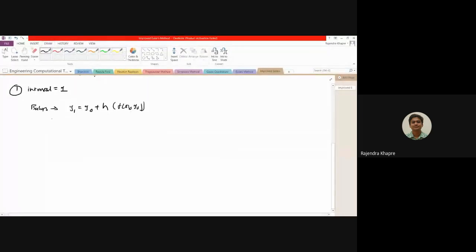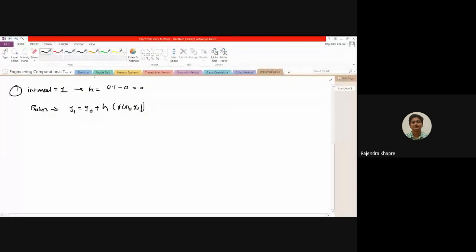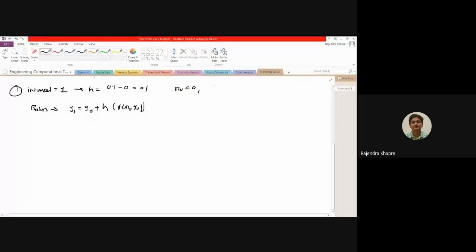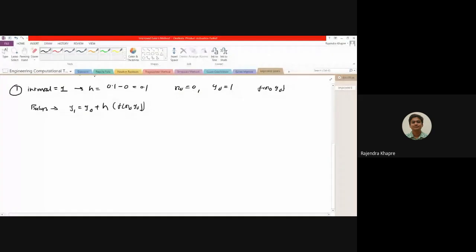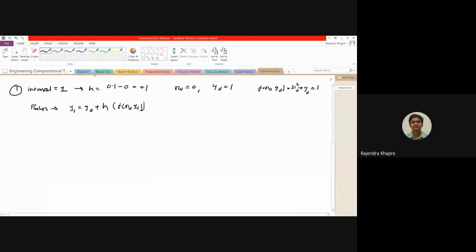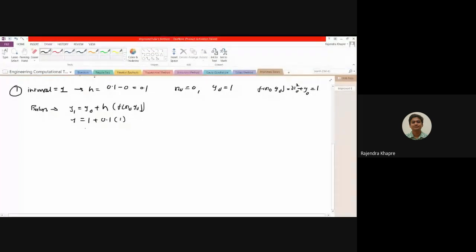Here if you take only one interval, h will be 0.1 minus 0, which is 0.1. We already know x0 is 0, y0 equals 1, and f of x0 and y0 can be calculated as x square plus y with subscript 0, and I'm sure you will get this as 1. If you substitute all these values, this will be 1 plus 0.1 into 1, so your y1 is going to become 1.1.